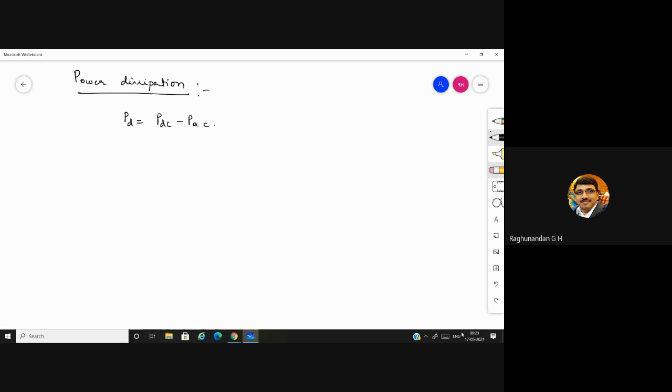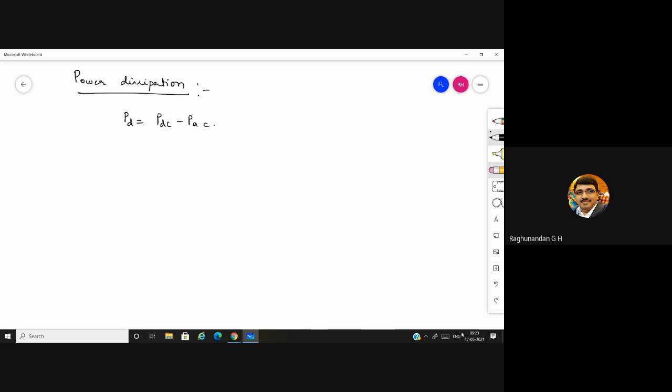And what will be the power dissipation when input signal is large? In simple terms, if your output is maximum, what happens to the power dissipation? Will it be more or less? Less, sir. How? If output is maximum, PAC is more. So when PAC is more, the value becomes less.